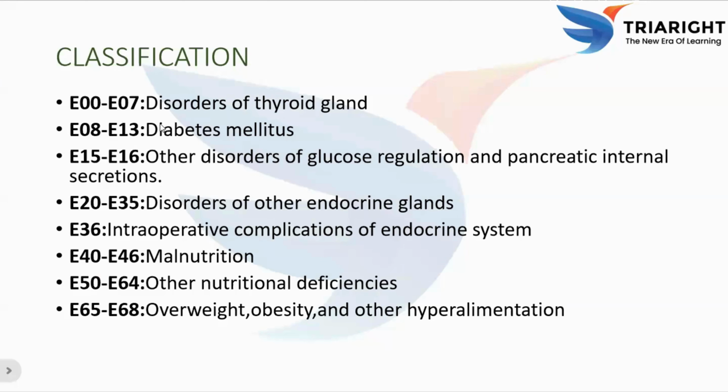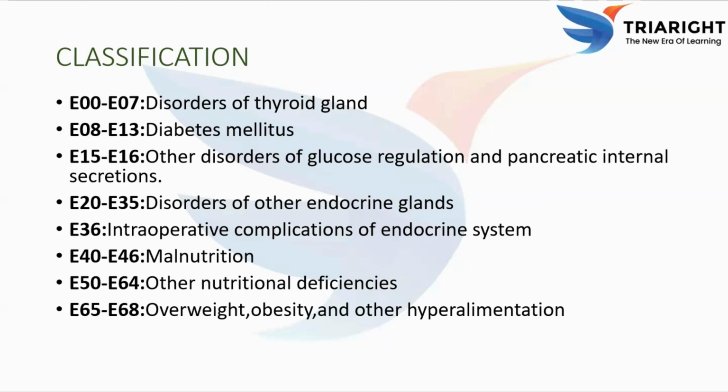In this section, these codes include conditions that affect the thyroid gland, which controls the body's metabolism. For example, hypothyroidism, that is low thyroid, and hyperthyroidism, that is overactive thyroid, and also the goiter, which is enlargement of thyroid.